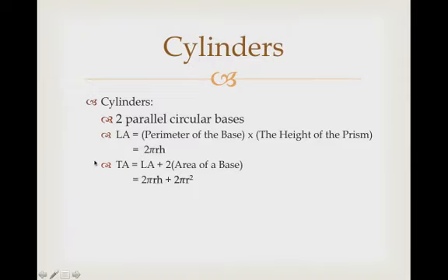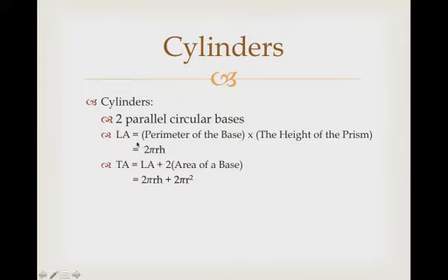Cylinders, like prisms, have two parallel circular bases. So cylinders have a very similar basis for the formula for lateral area and total area, that being the perimeter of the base times the height of the prism for lateral area, and lateral area plus 2 times the area of the base for the total area. But with cylinders, we can be more specific.